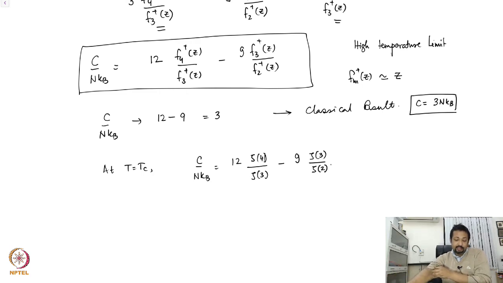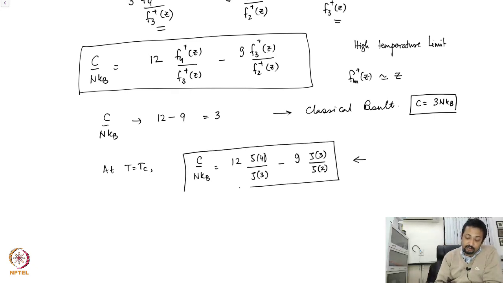And here it is interesting, because I clearly see that there is a difference, right? There is a difference, and this does not match the specific heat which we obtained at T equal to Tc, which was C over NKB equal to 12 by 4 zeta 4 over zeta 3.